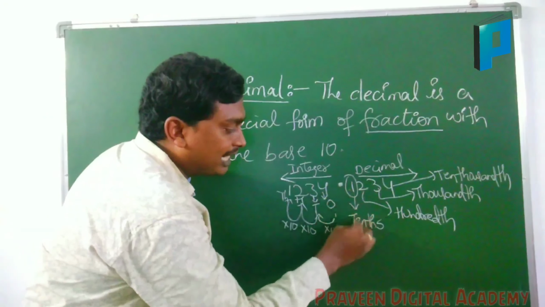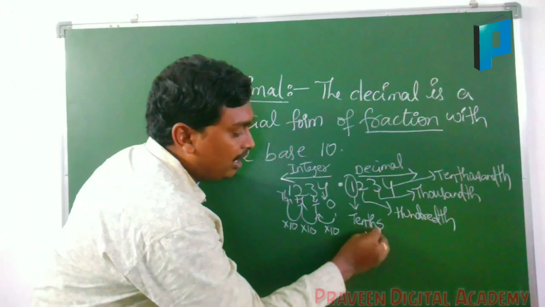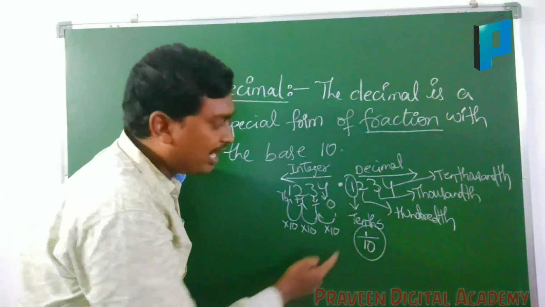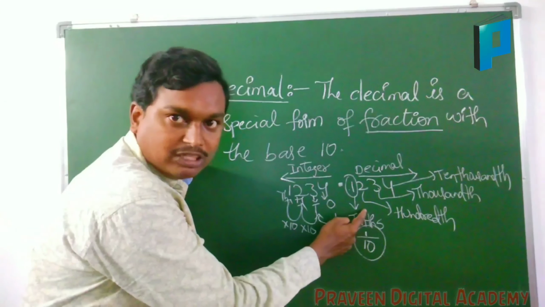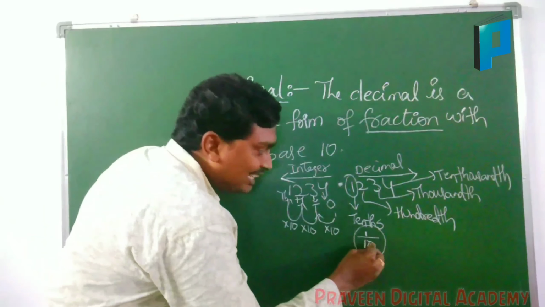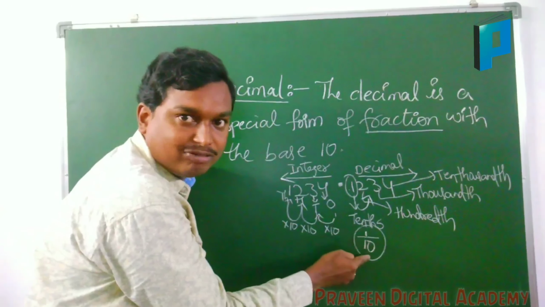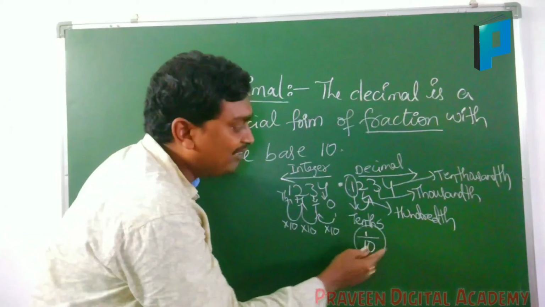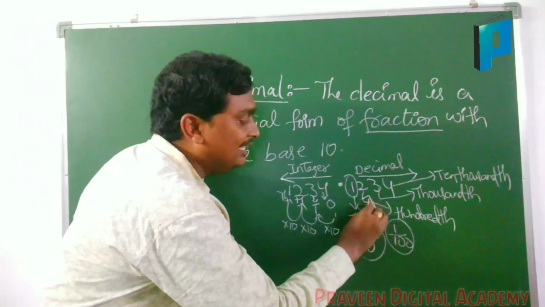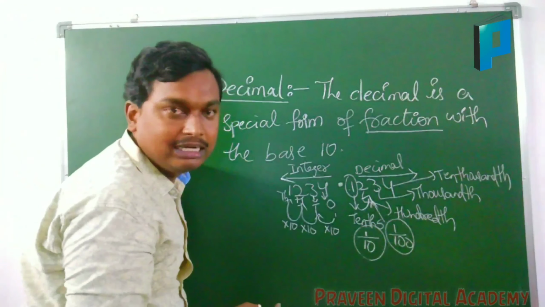Here the tenths position is called 1 by 10, the first position after the point. If you divide this 1 by 10 with 10, you will get 1 by 100. This 1 by 100 is the second position, called the hundredths position.